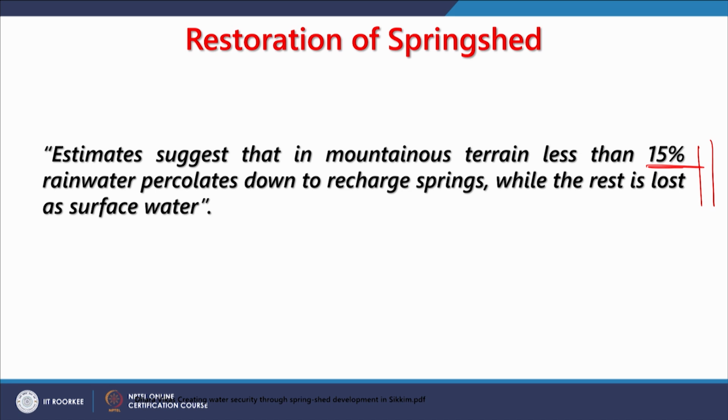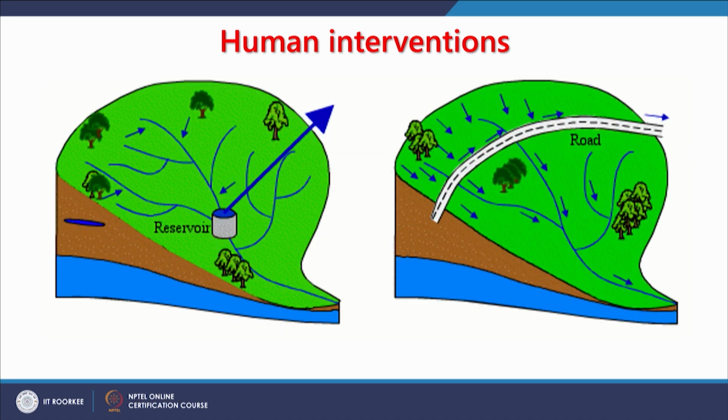So, if we do better watershed management, the springshed will automatically be managed, because, as in the earlier discussion in the schematic, two watersheds make one springshed or four watersheds make one springshed. So, if we manage all four watersheds, then our springshed will be there.